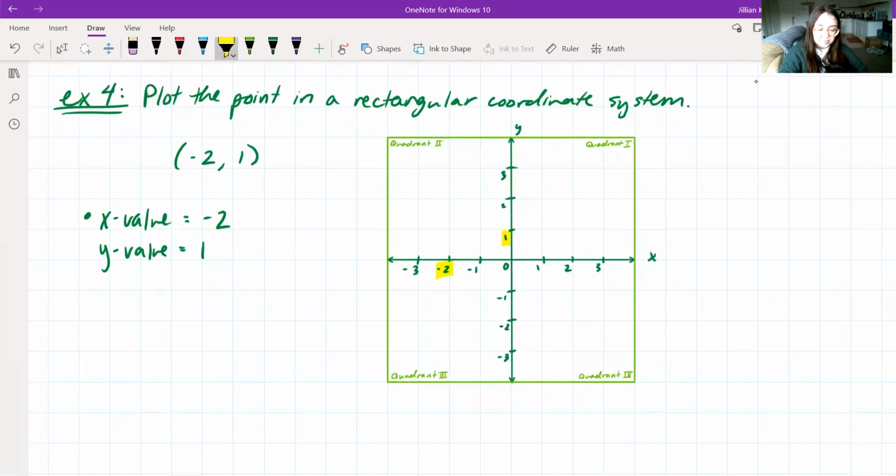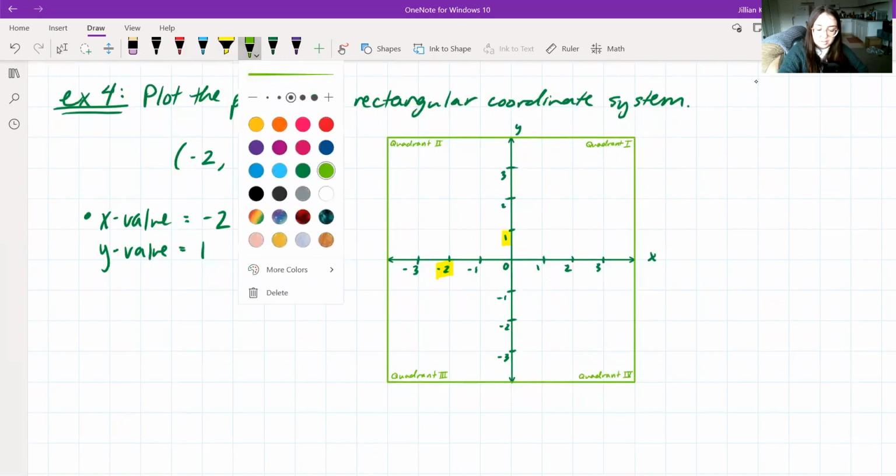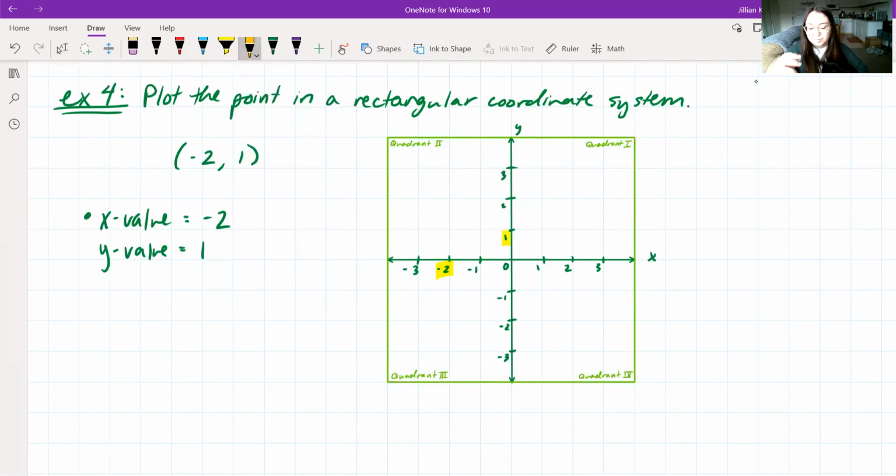So now, what we can do here is we begin at one of our points. So for example, we can begin at our x value of -2. And what we want to do is track upwards until we reach our y value, which in this case is 1. So we can also track sideways here.